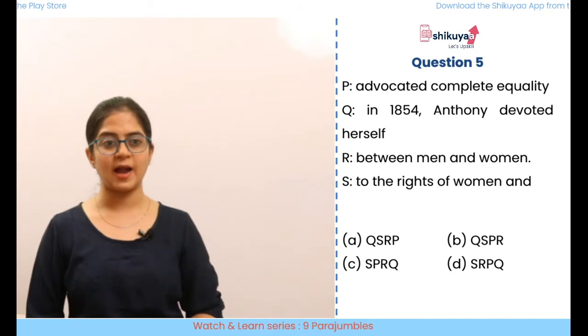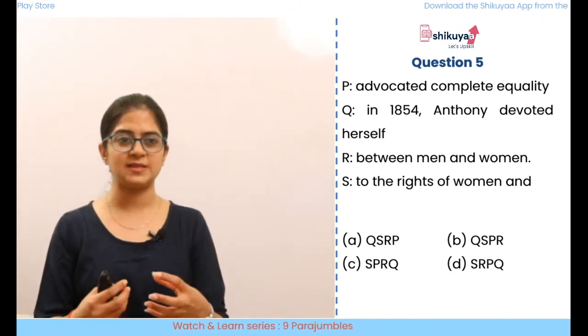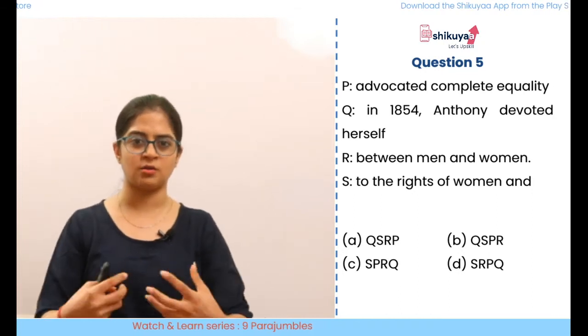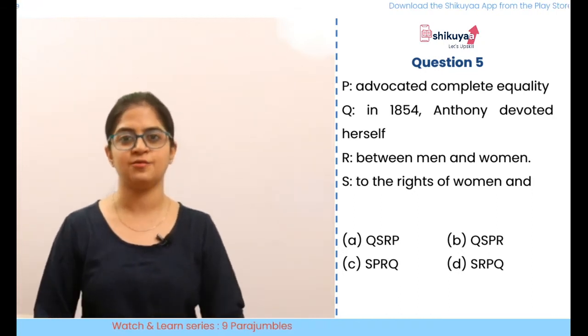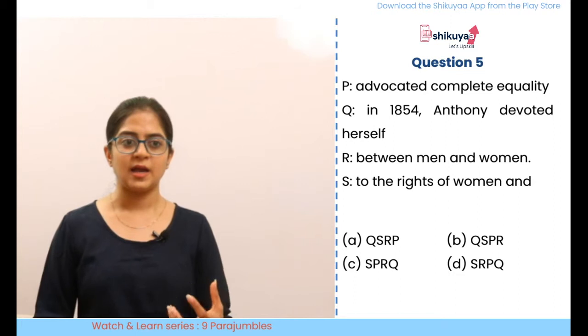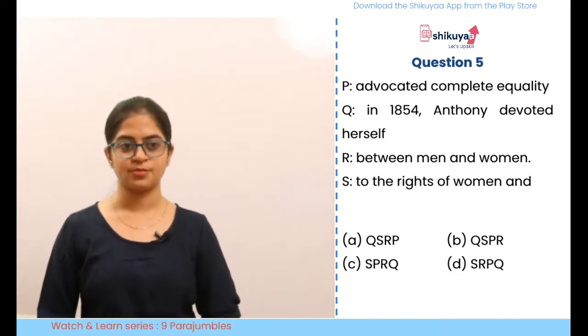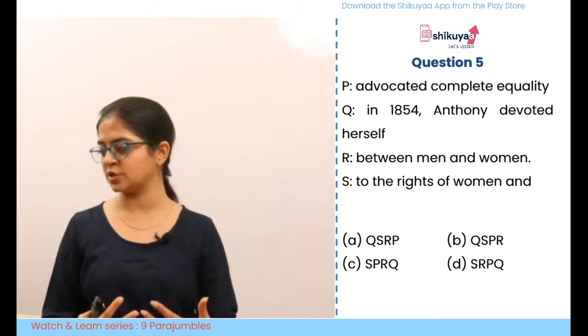If we see that, we can find that the opening sentence is Q, right? It is announcing something that happened in 1854. In 1854, Anthony devoted herself, right? What is she devoted to?